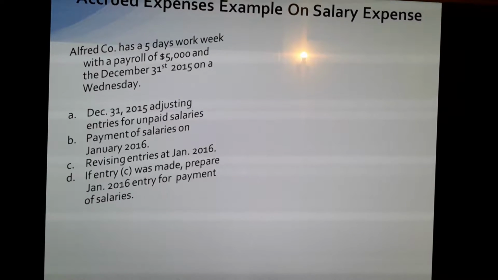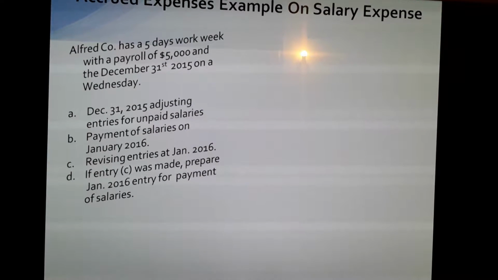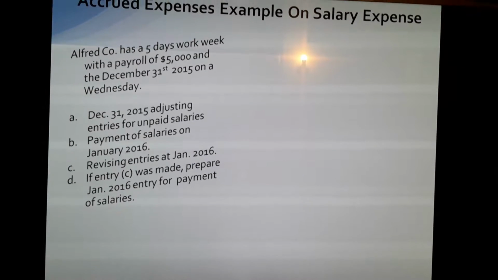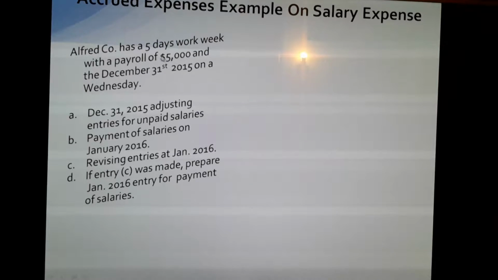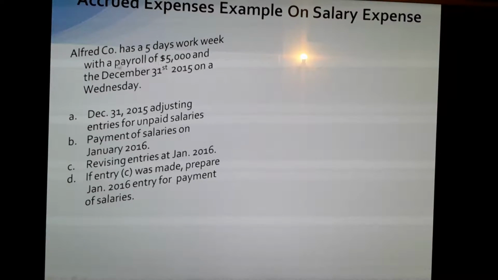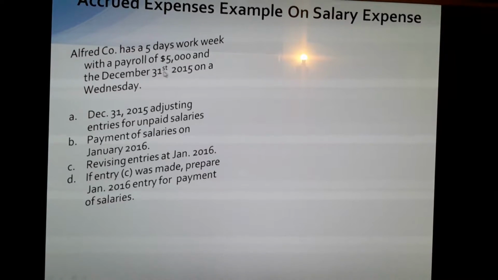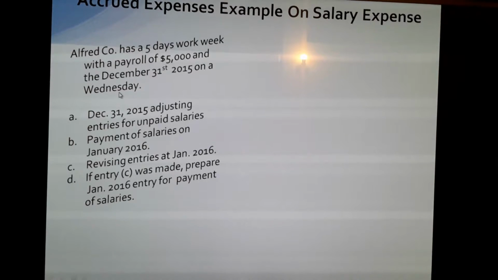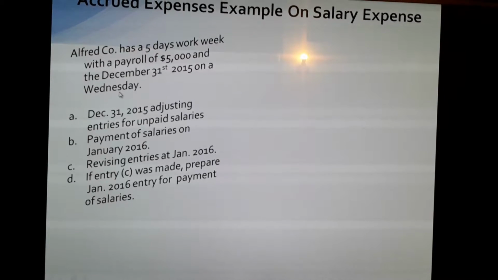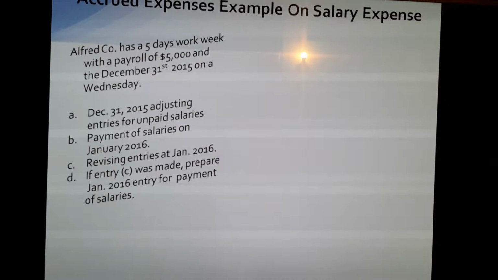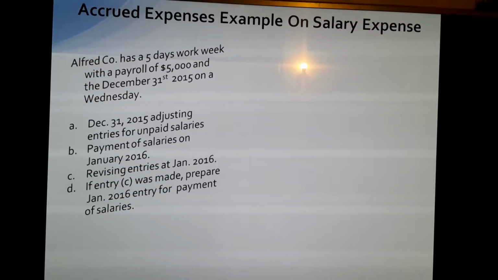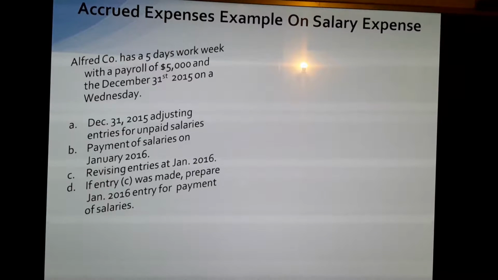Okay, so let's look at an accrued expense example on salary expense. Say Alfred Company has a 5-day work week with a payroll of 5,000, and December 31st, 2015 falls on a Wednesday. The payday is Monday through Friday, and December 31st falls on a Wednesday.